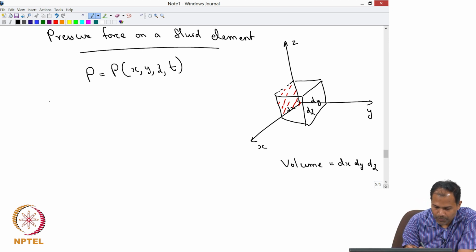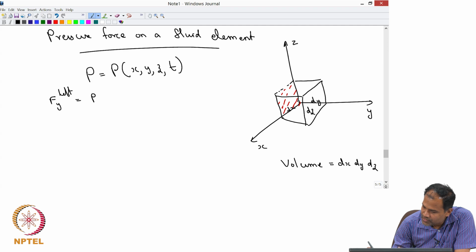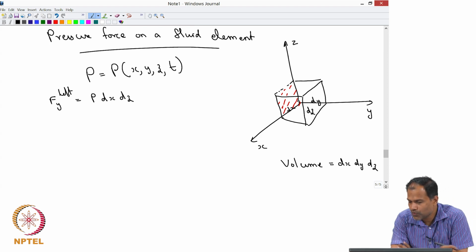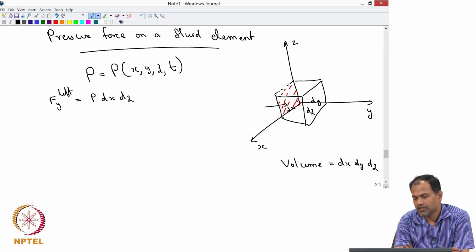Therefore, the force acting in the y direction on the left side of the cube is simply going to be P times dx dz, since dx is one of the sides and dz is another side. That is the force acting on this side of the element.